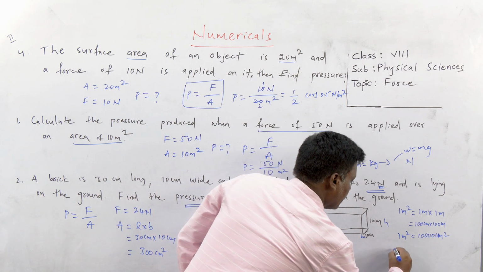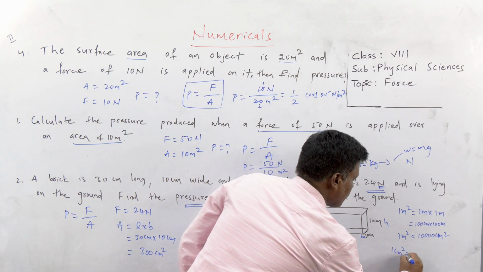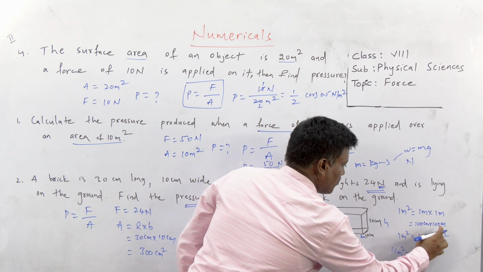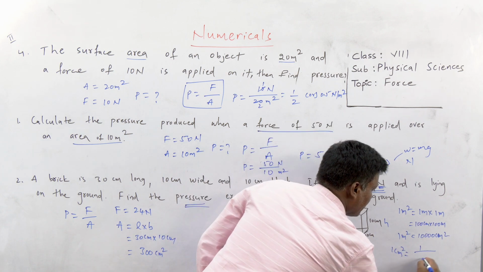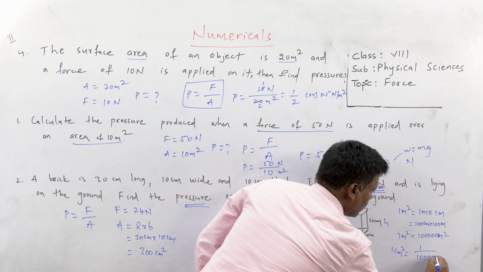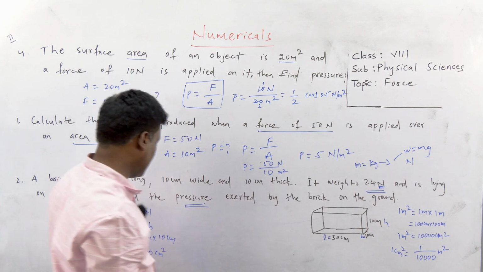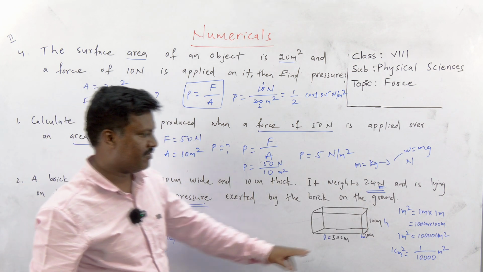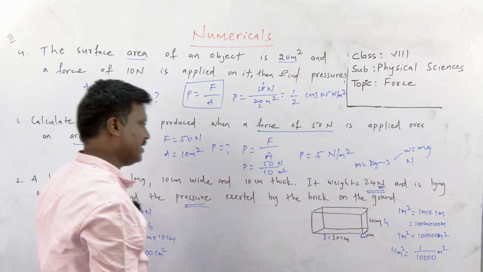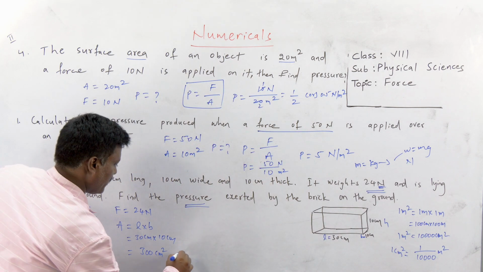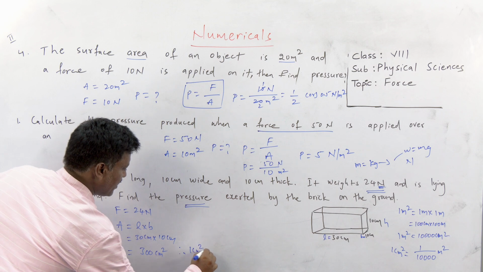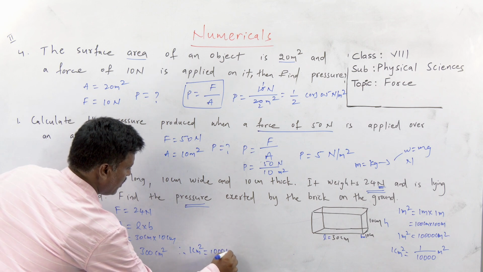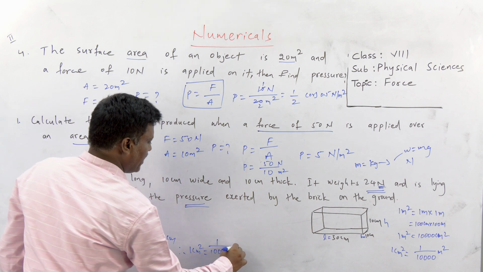Okay. Then 1 centimeter square is equal to how much? This 10,000 which is multiplying, if you transpose from RHS to LHS, it divides 1. So 1 by 10,000 meter square. So in the place of this centimeter square, we have to write this value, 1 by 10,000 meter square. Hence we know that 1 centimeter square is equal to 1 by 10,000 meter square.